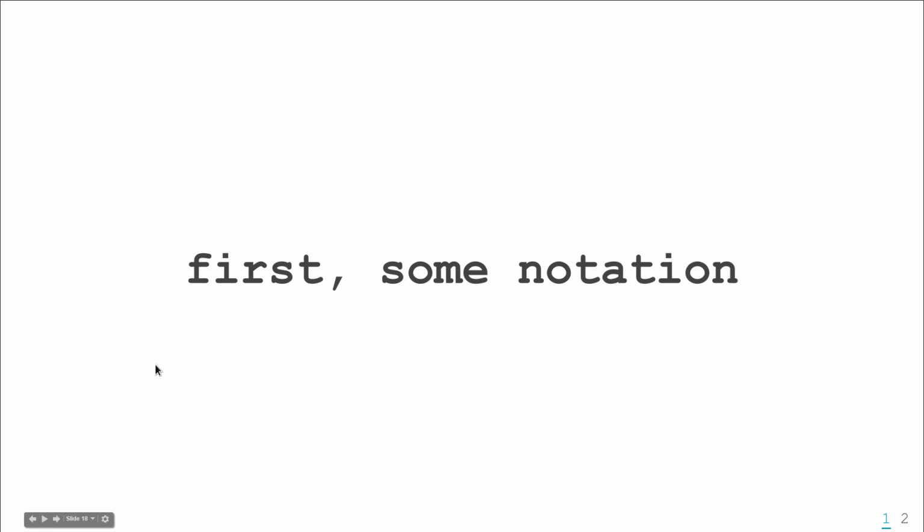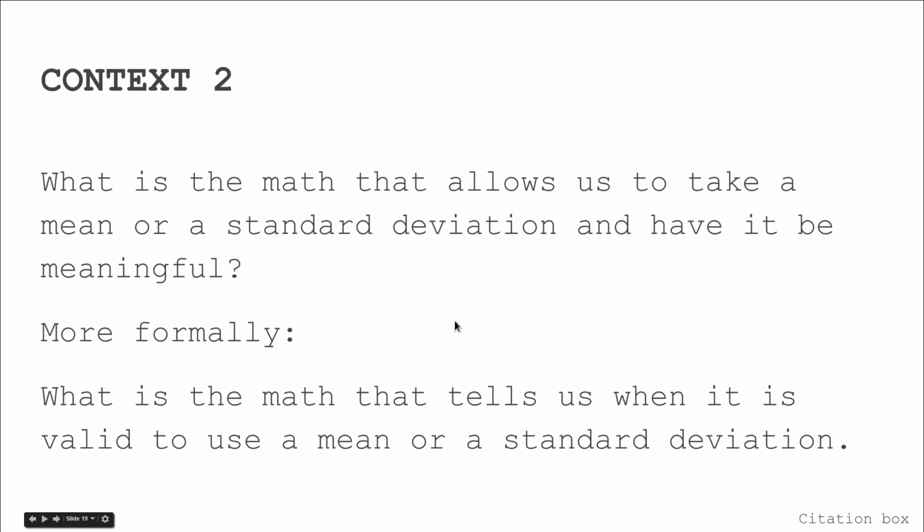And so now I want to motivate a little bit more, why are we interested in this? What is the math that allows us to take a mean or a standard deviation and have it be meaningful? Said more formally, what is the math that tells us when it is valid to use a mean or a standard deviation?